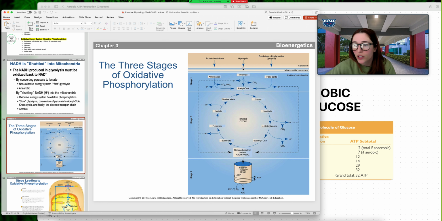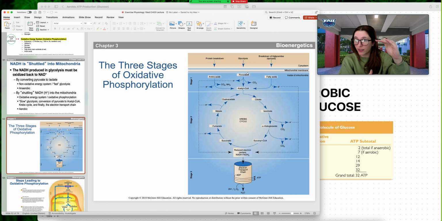Well, when we are starting with carbohydrates, basically we're starting with pyruvate. When we break down glucose, that's how we get the pyruvate. So in order to have that pyruvate converted to acetyl-CoA, we need to first have the process of glycolysis. So when we're looking at the aerobic breakdown of glucose, step one is going to be glycolysis.